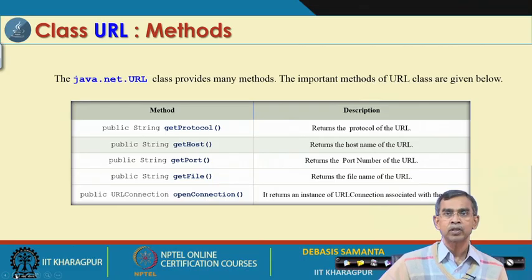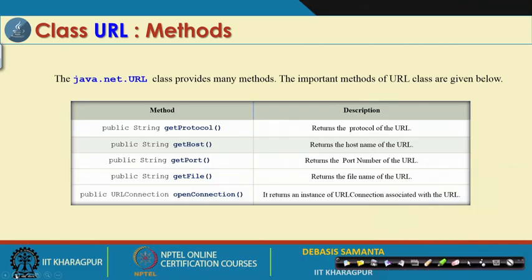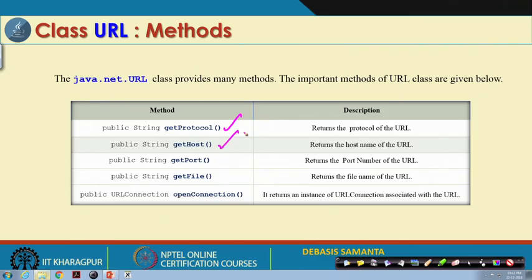There are a few more methods also, but I have mentioned only the most important ones: getProtocol, getHost, that is the name of the host, and then getPort, getFile, and openConnection. So, if a URL object is given to you, you can get all this information from it.